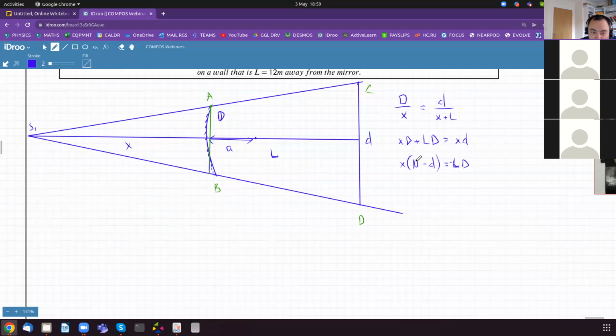So X is equal to LD divided by D minus D capital. So I'm doing it the other way around. So this is the distance, and we can find it. L is 12 meters. D is 0.2 meters, and this is 0.4 minus 0.2.